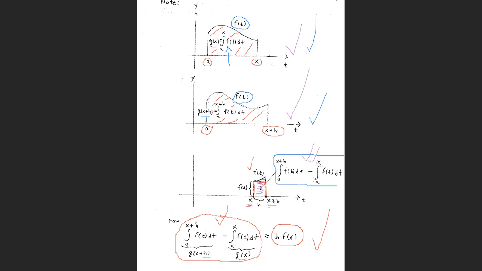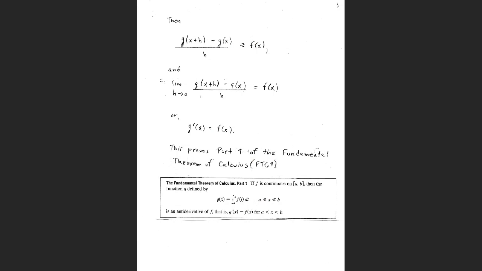Well, if I were to divide both sides of this approximation by h, I would have g of x plus h minus g of x divided by h is approximately equal to f of x. Right? If I divided both sides by h, I'm going to get this. Definition of a derivative.